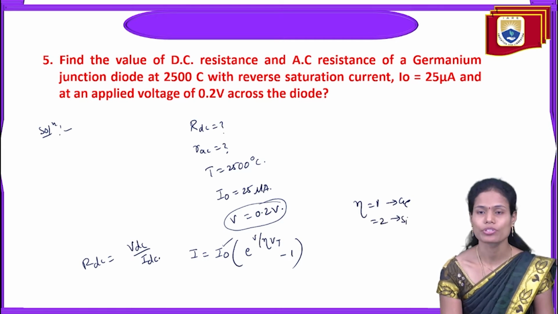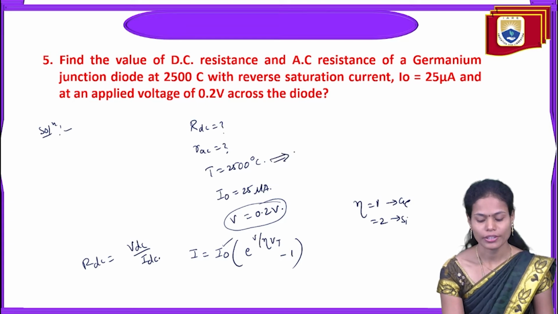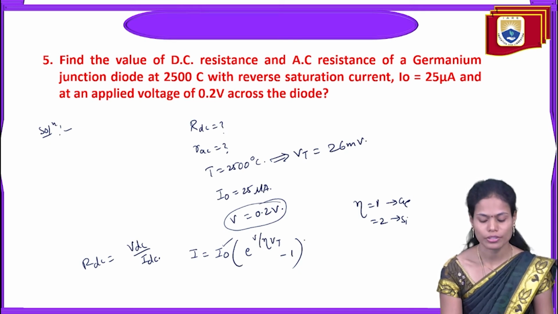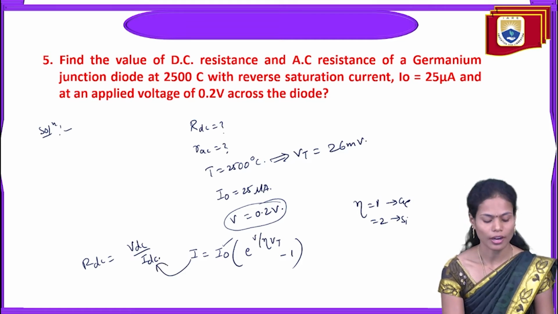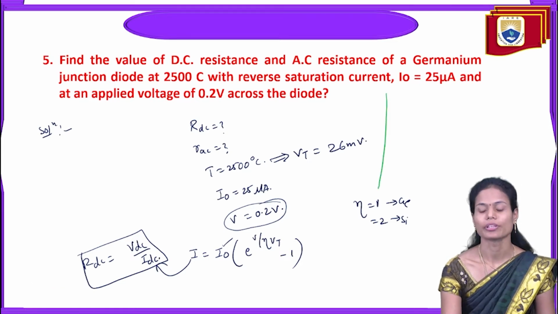So we substitute eta as 1, and from the temperature T we need to calculate Vt, which is almost 26 millivolts. That value also we can substitute here. After substituting all these values we will get I. This I we can substitute to find the RDC value. And similarly, to find the RAC value here.